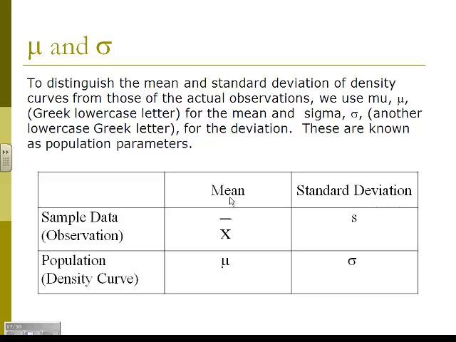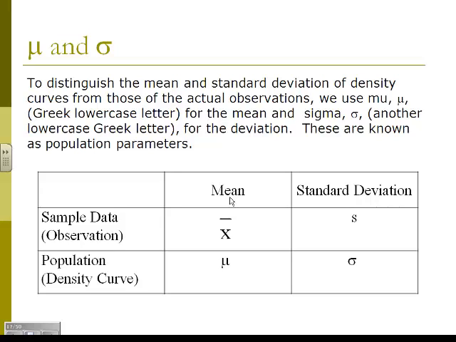So here are some basic symbols that we're going to be using throughout the rest of the course. Mu and sigma distinguish the mean and standard deviation of density curves from those of actual observations, because remember, mu and sigma are idealized population parameters. We don't actually know them most of the time because we don't actually know the whole population.